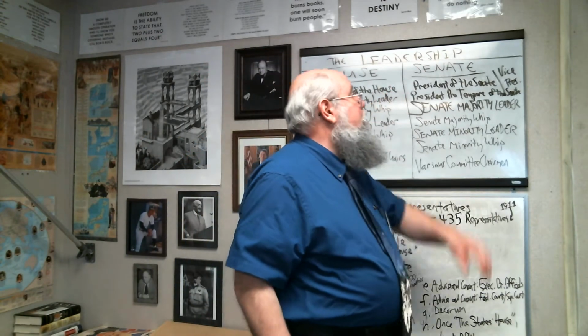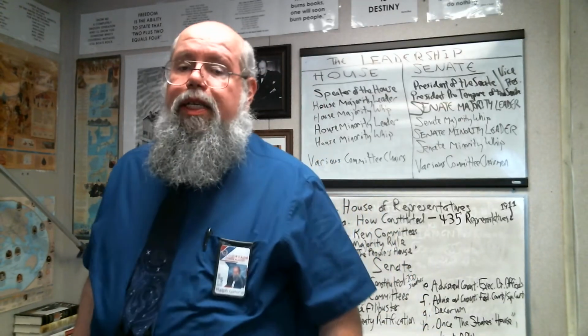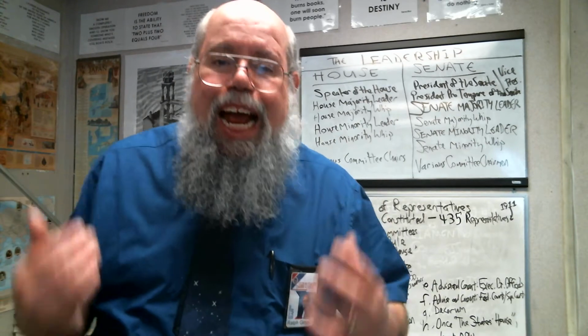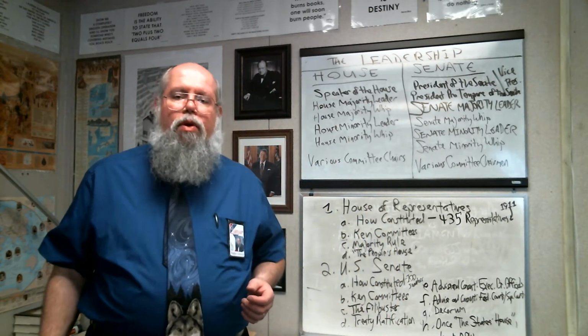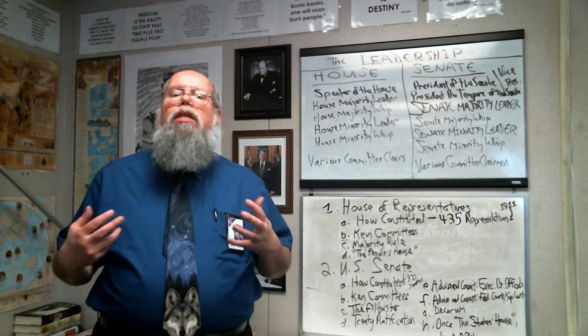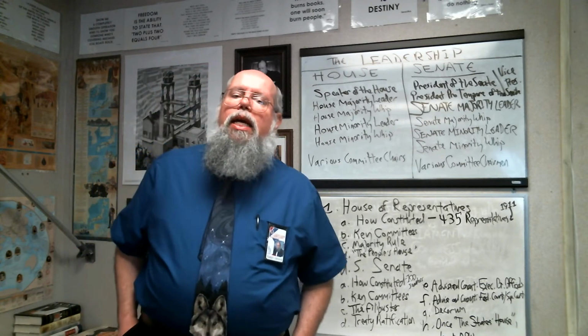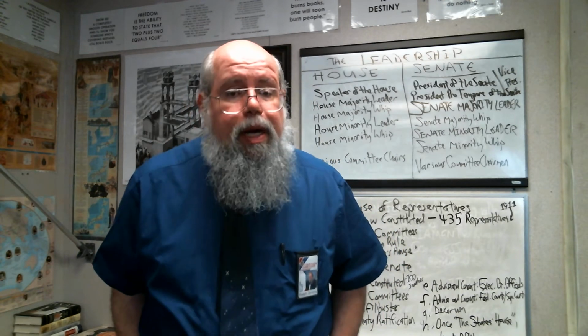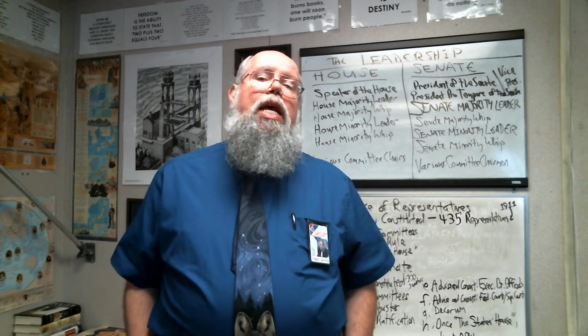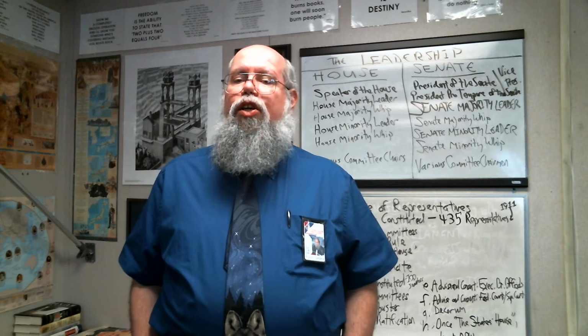Below the President of the Senate, who is the Vice President of the United States, there's the President pro tem of the Senate, pro tempore. The President pro tem is the presiding officer of the Senate when the Vice President is not around. The President pro tem is usually a senior senator of whatever party is in power.